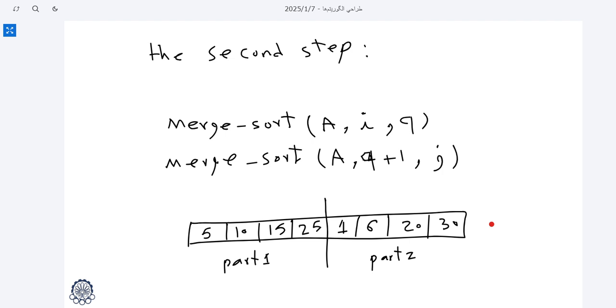The second part is also sorted: 1, 6, 20, and 30. How can we combine these two parts? To combine these two parts, let me give these examples in the next slide.